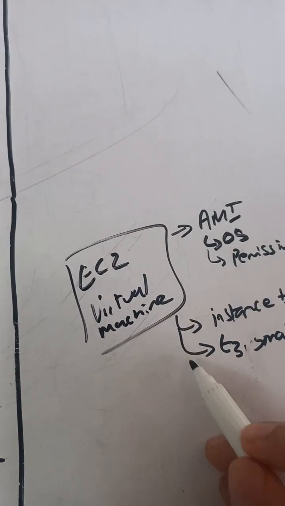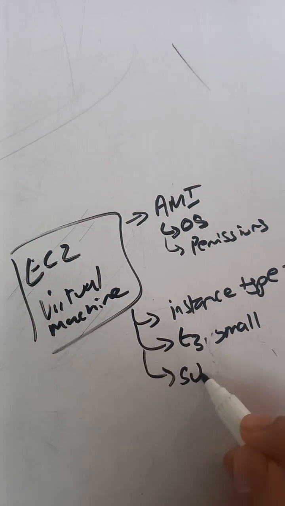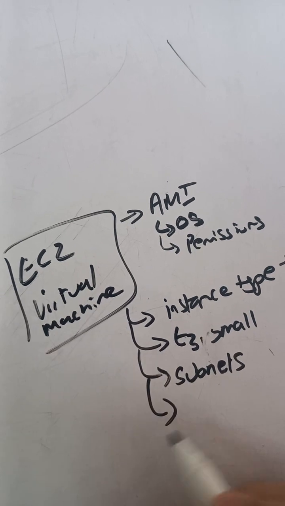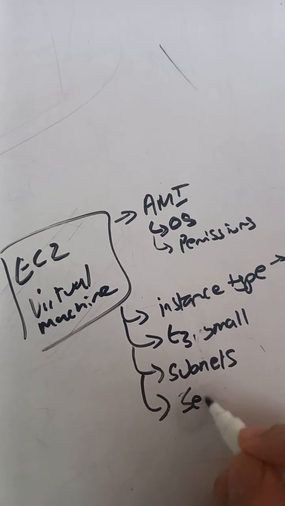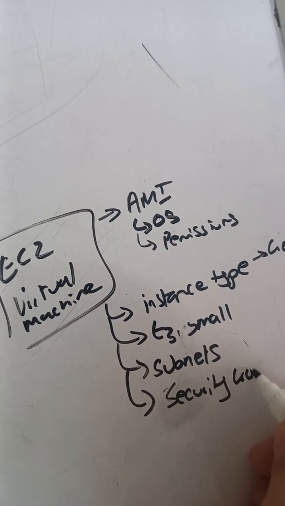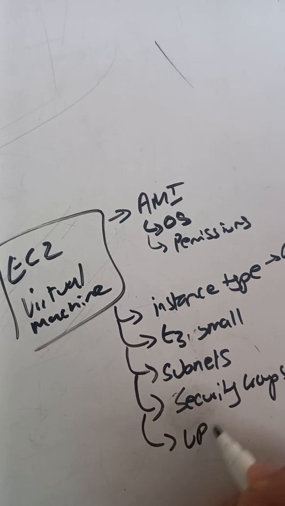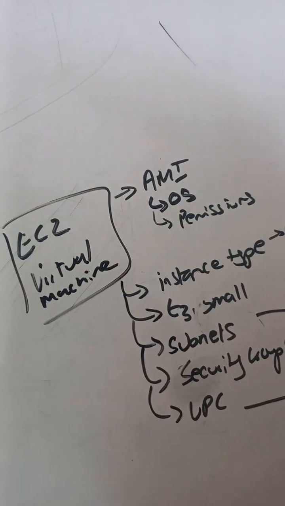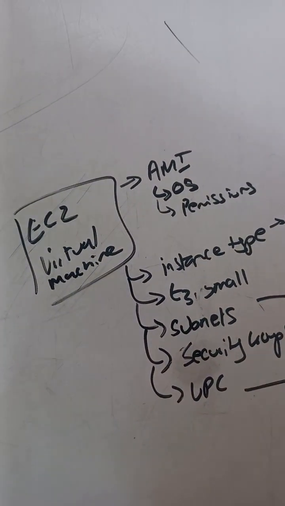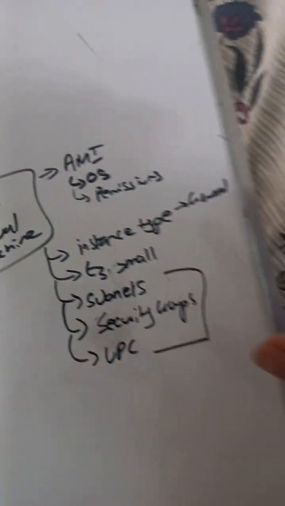Then you're also configuring your subnets, your security groups and your VPC. All of these things will be cleared in the next video, where I'll be explaining what a VPC is.